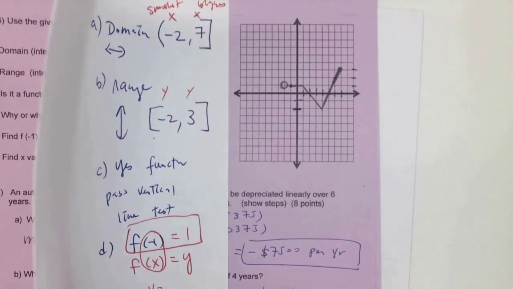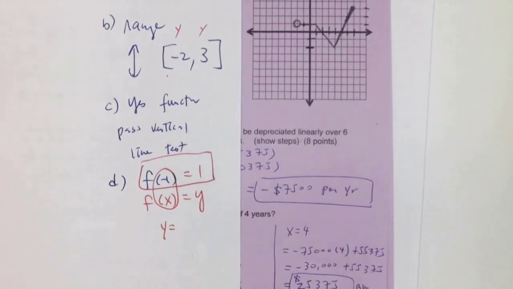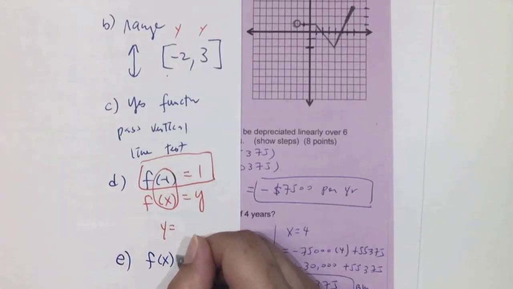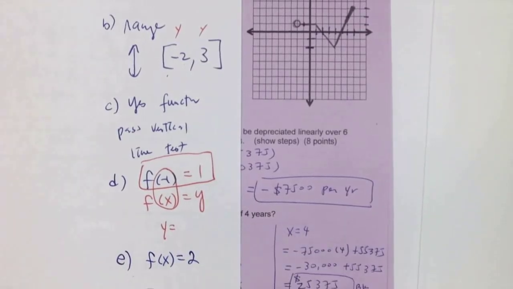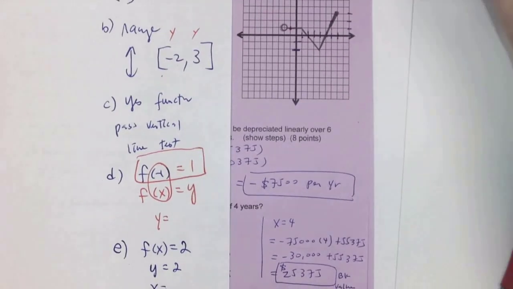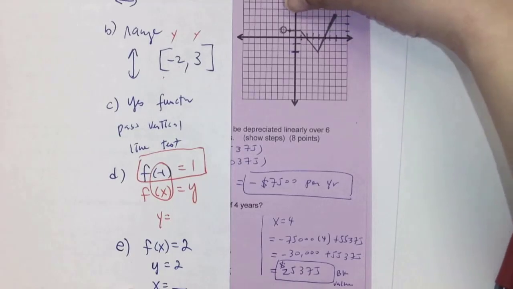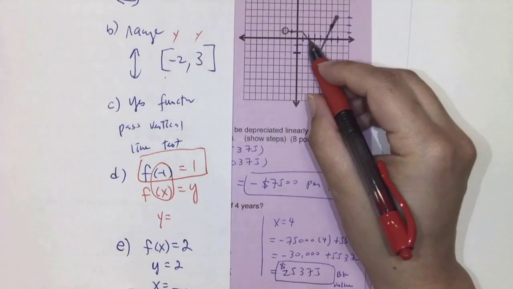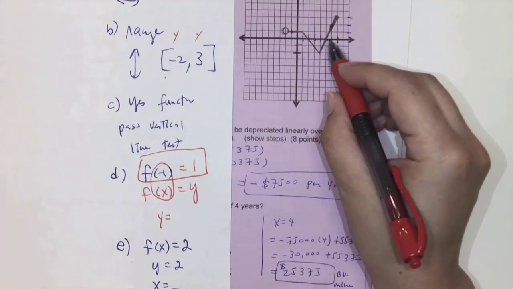How about the last question? They ask you the x value when f of x equals 2. What is f of x? It's y. When y equals 2, x equals what? y equal to 2 is here, right? x equals 1, 2, 3, 4, 5, 6.